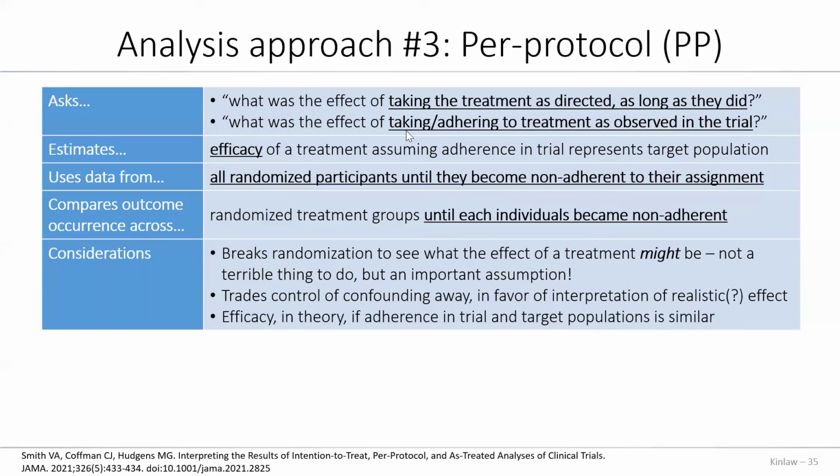So essentially, we follow them until they stop doing what they were randomized and intended to do, so that we don't pay attention to what goes on after they've stopped taking therapy. Similar to the as-treated approach, the per protocol approach estimates the efficacy of treatment, assuming that adherence in the trial population represents what we would see adherence be in the target population.